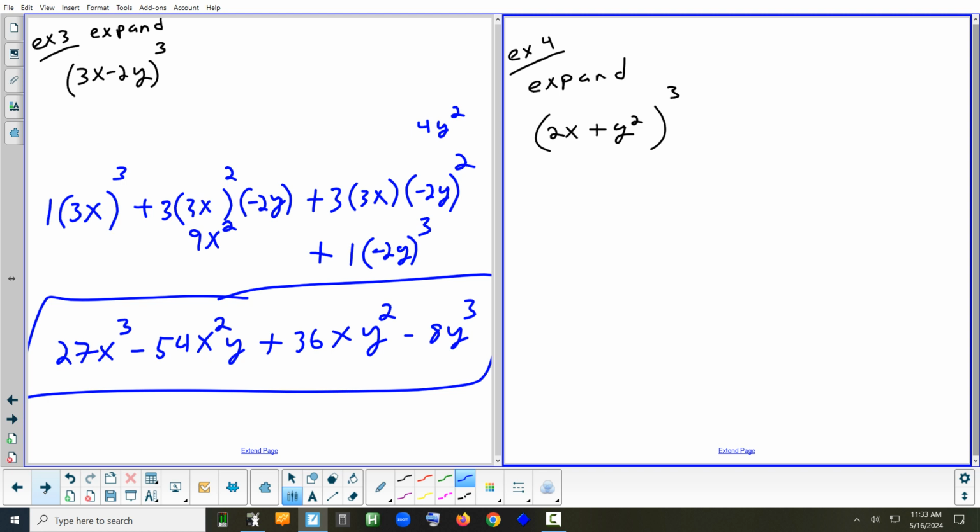Okay. What's my first coefficient? 1. And what goes in parentheses? 2x to the third. That's it. What's my next coefficient? 3. What goes in parentheses? 2x to the second. And what about here?